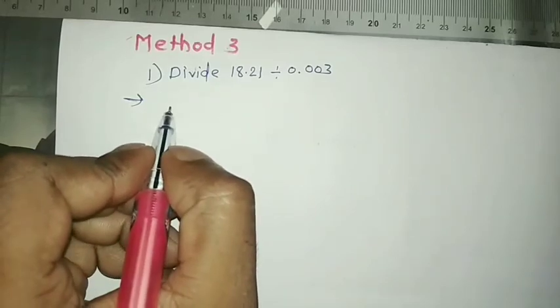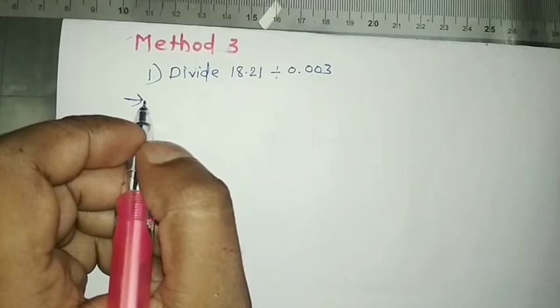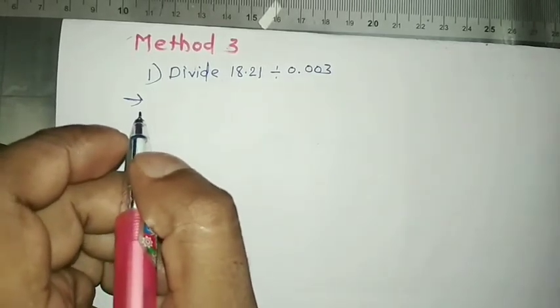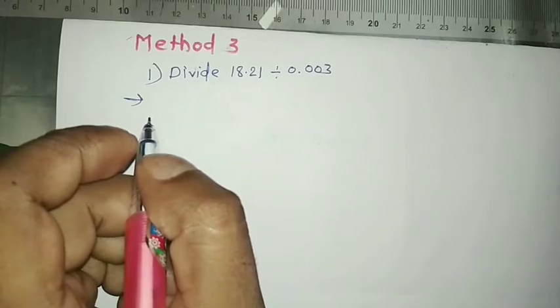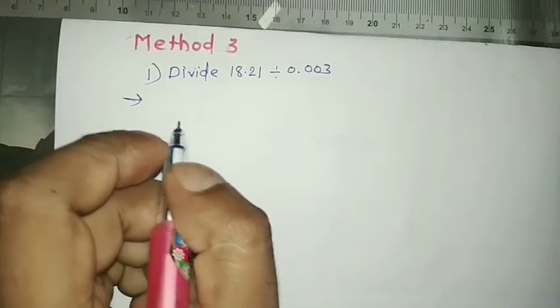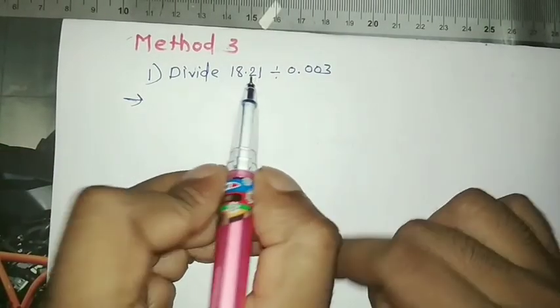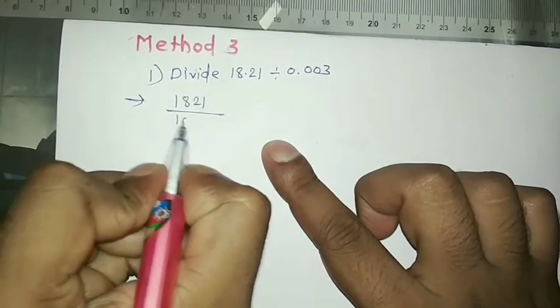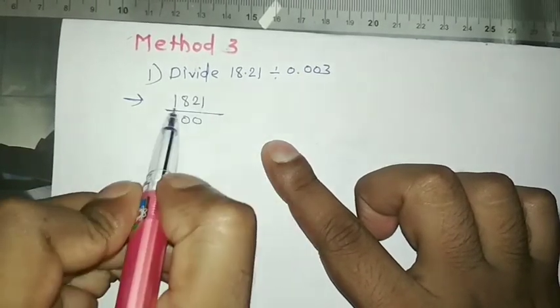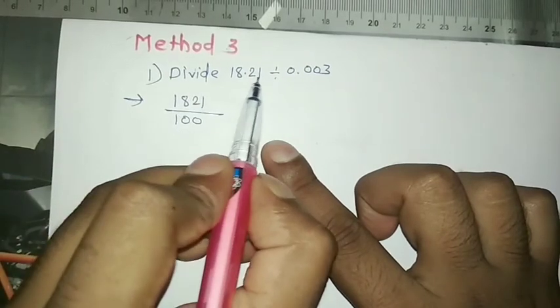So the next method is method number third of the division of a decimal number by a decimal number. We have to solve this example: divide 18.21 by 0.003, by the third method. So how do we solve this example? We know that 18.21 means 1821 divided by 100, because there are 2 decimal places.